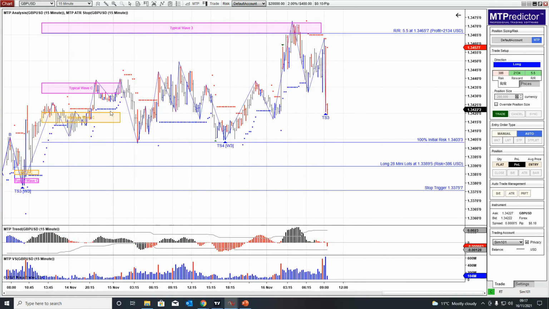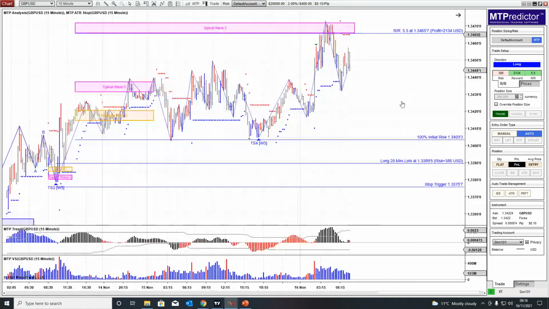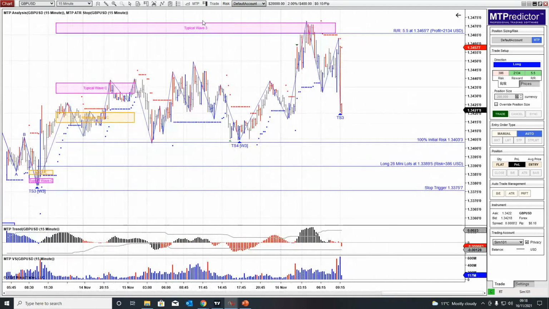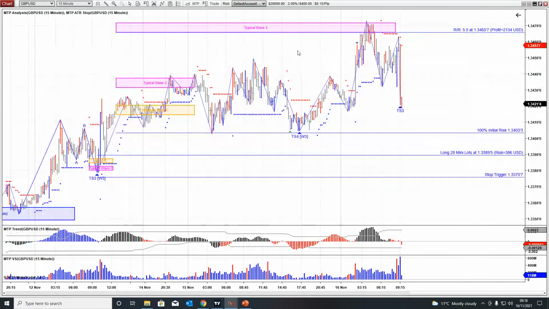Once the market's got up into chop like this, you can bring your stop to break even. That's probably fair enough. But obviously you don't want to bring it any closer, and then just leave it there until it hits the target. The MIT order will be in the market for you, and it just does it for you. So that's probably a good thing to do, to let the trade run on that.